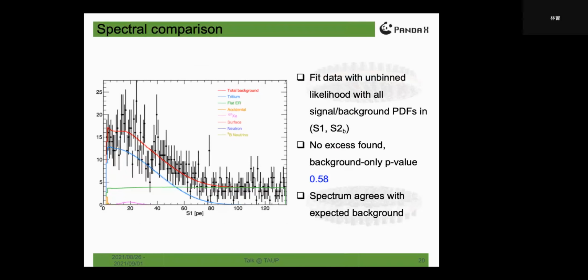Our final statistical inference was performed on S2 over S1 space, but here I show you a projection on the S1 space. The data model matching is pretty good, with a goodness of fit p-value calculated to be 0.58.